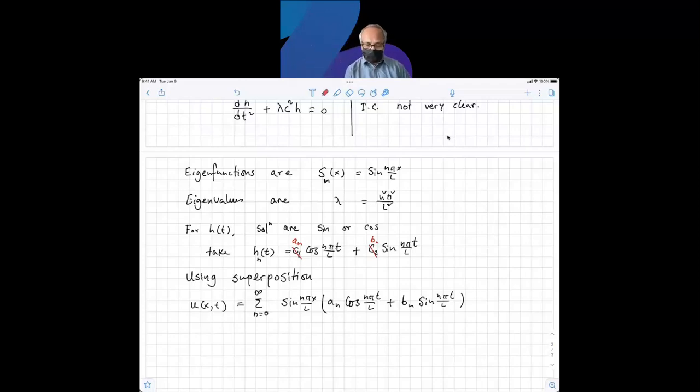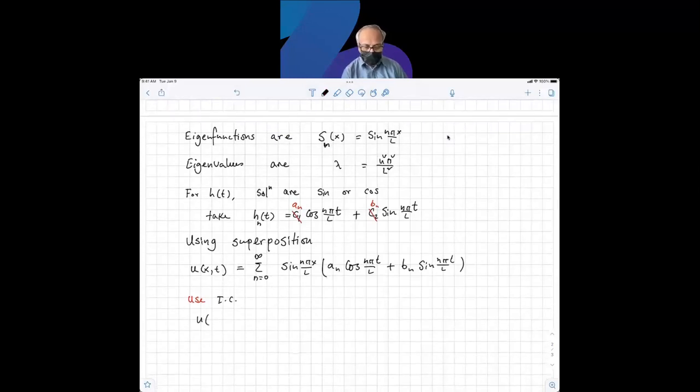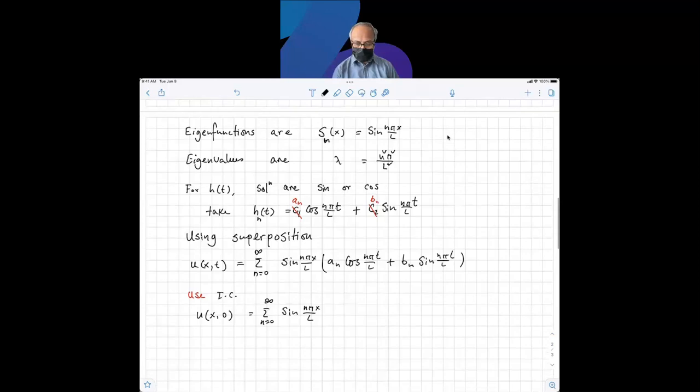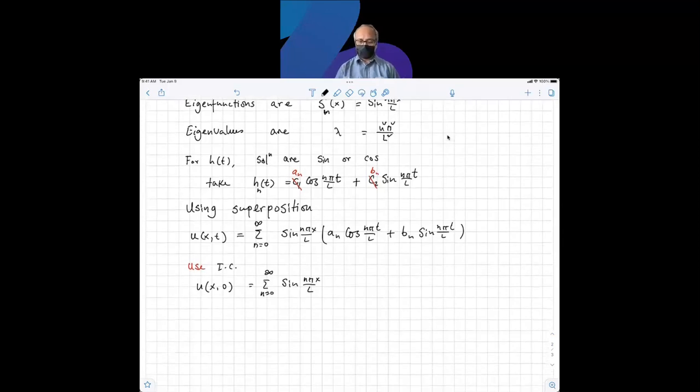And then you use the initial condition. Now u at x, 0, and the sum from 0 to infinity of An sine n pi x over L, which is cos 0 is 1 when t is 0, sine 0 is 0.